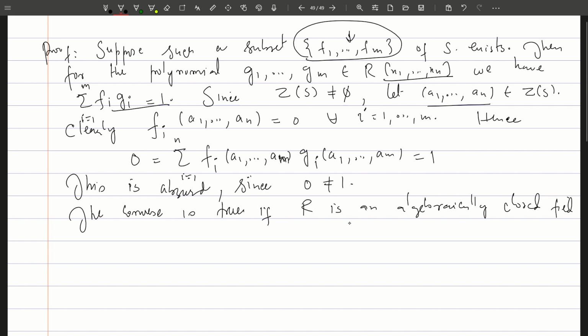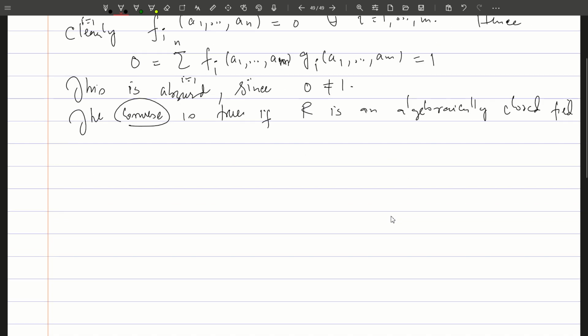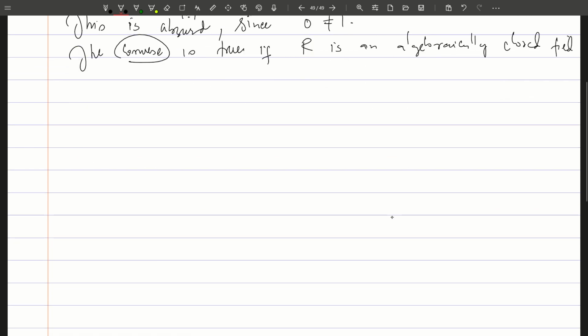and this converse is called Hilbert's Nullstellensatz. Now, this is not the stronger version. This is sometimes called the weaker form of Hilbert's Nullstellensatz. So let us pen this down here.